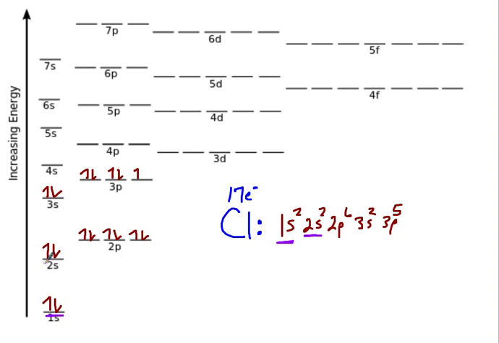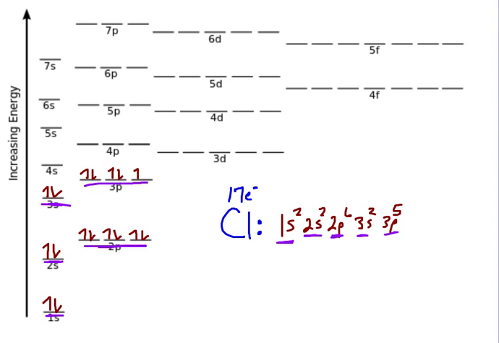My 2s level has 2 electrons in it. My 2p level has 6 in it. So it goes in the exact same order as it would in your electron configuration. Okay, so you should be able to work between these two representations. If you have one, it should be pretty easy to figure out the other one.